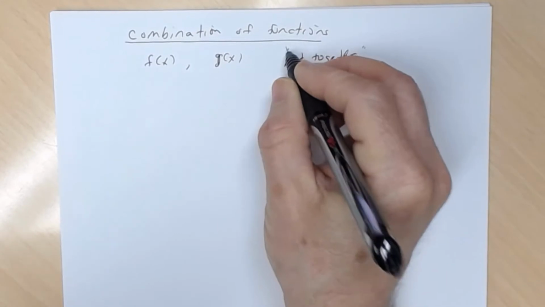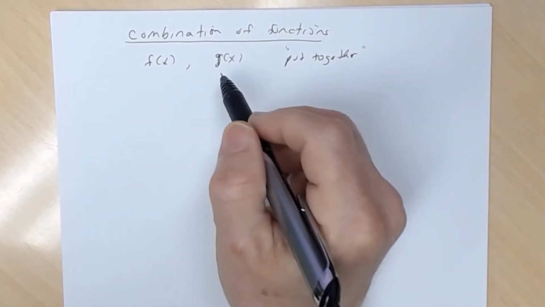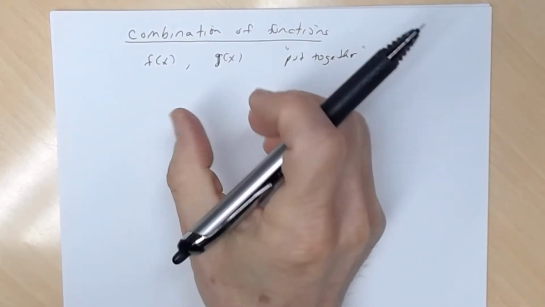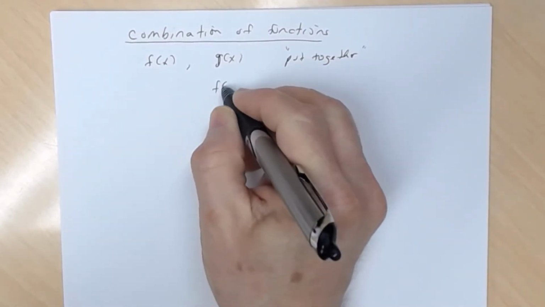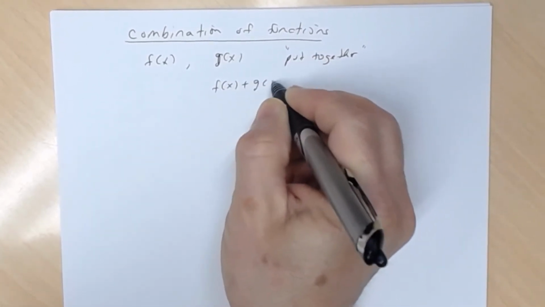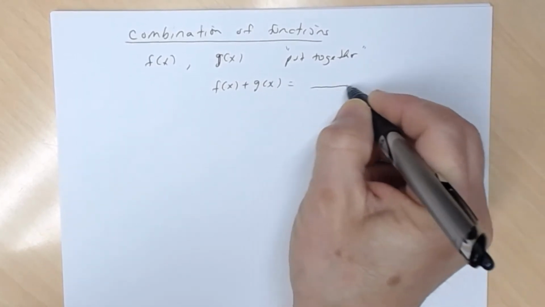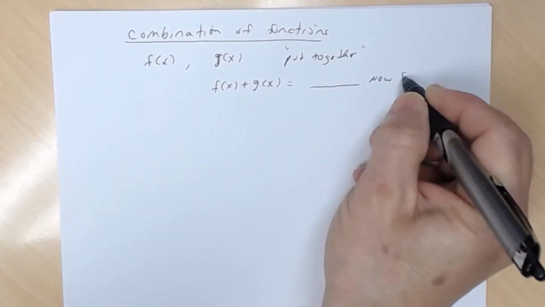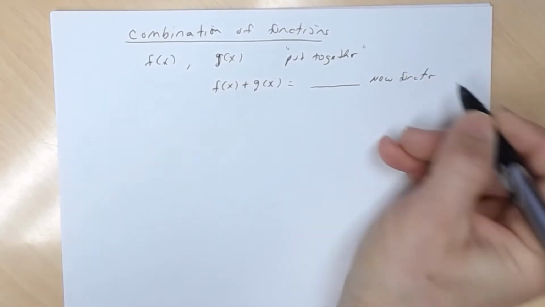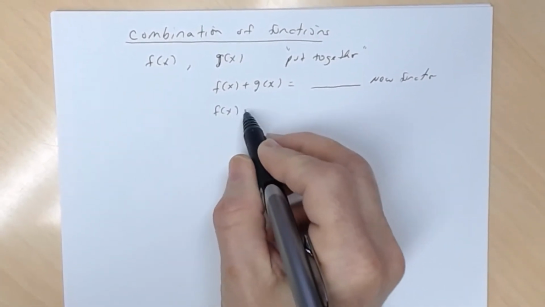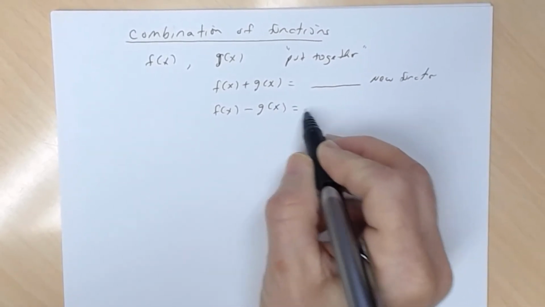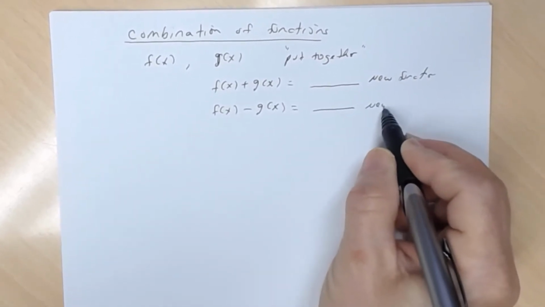So you're taking function f of x and function g, and you're going to put those two together. Meaning you can add them, and we're going to talk about that in a little while. You can add those two functions and you'll get a new function. You can subtract those two functions from each other, and you're going to get a new function.